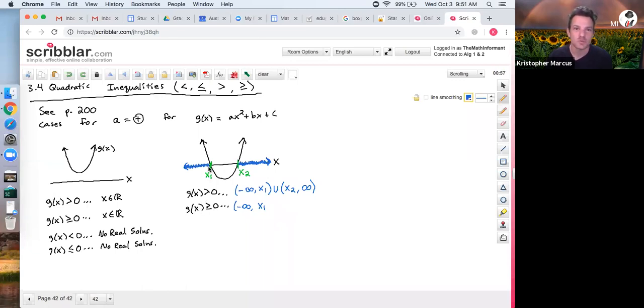Right here at x1, it is height 0. So we're allowed to include x1. Why? If you plugged that number, x1, into the original function, it would spit the height 0 out. So the only difference is we're including our solutions of x1 and x2 in our interval notation.